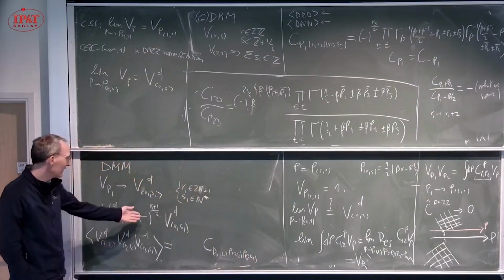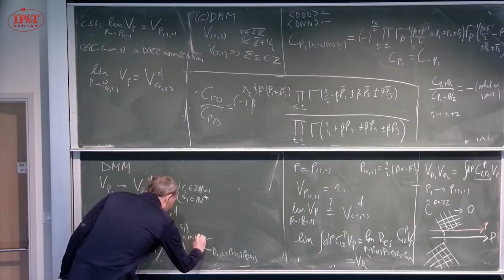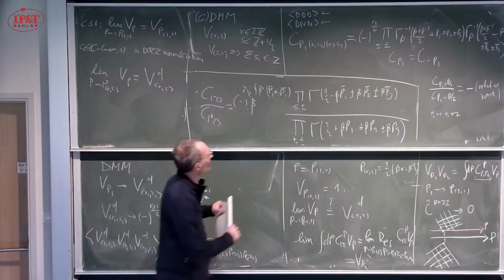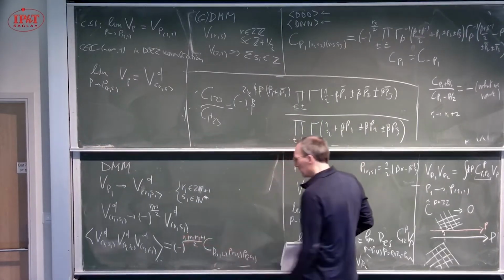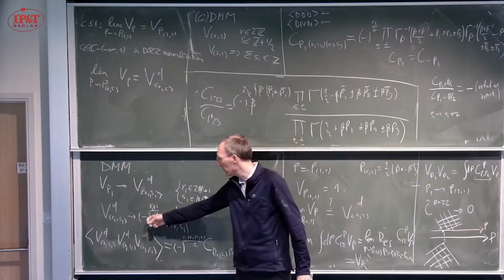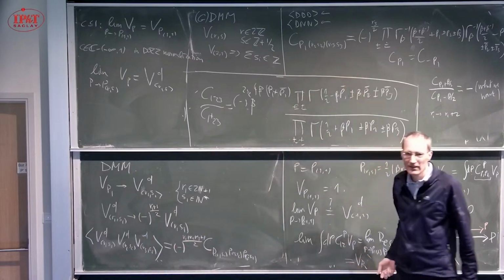But now that I have made this change of normalization, I'm getting an extra prefactor, (-1)^{(R1+R2+R3+1)/2}, times this C. That completes the solution of the D-series minimal model. The non-diagonal structure constant is this one, and the diagonal structure constant is this one. Of course, if I wanted, I could avoid doing this, and then I would not get this sign, but I would get the sign over there.